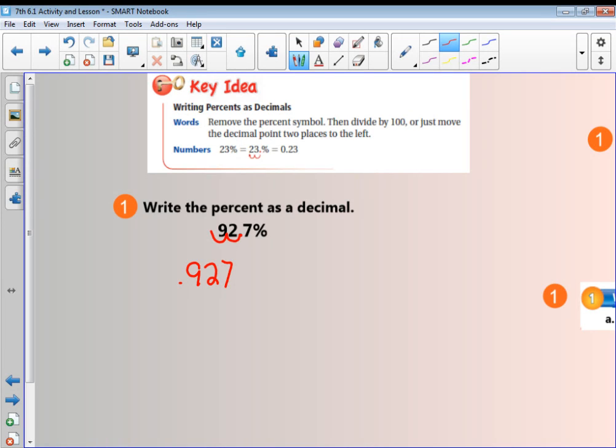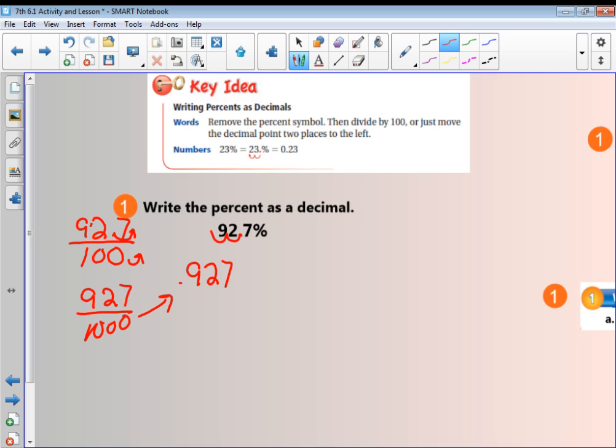Okay, if I were to go directly into the fraction form, it would have been this, 92.7 over 100. Well, you can't leave a decimal in a fraction, so you would have to move this over one place. Whatever you do to the bottom, you would have to do to the top. So it would become 927 over 1,000, which is the same as this, 927 thousandths.